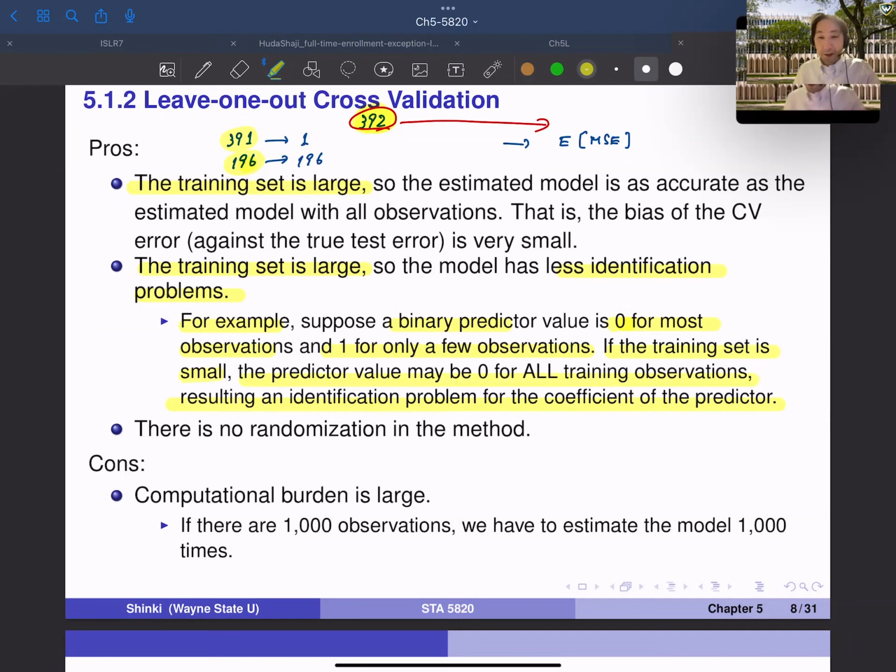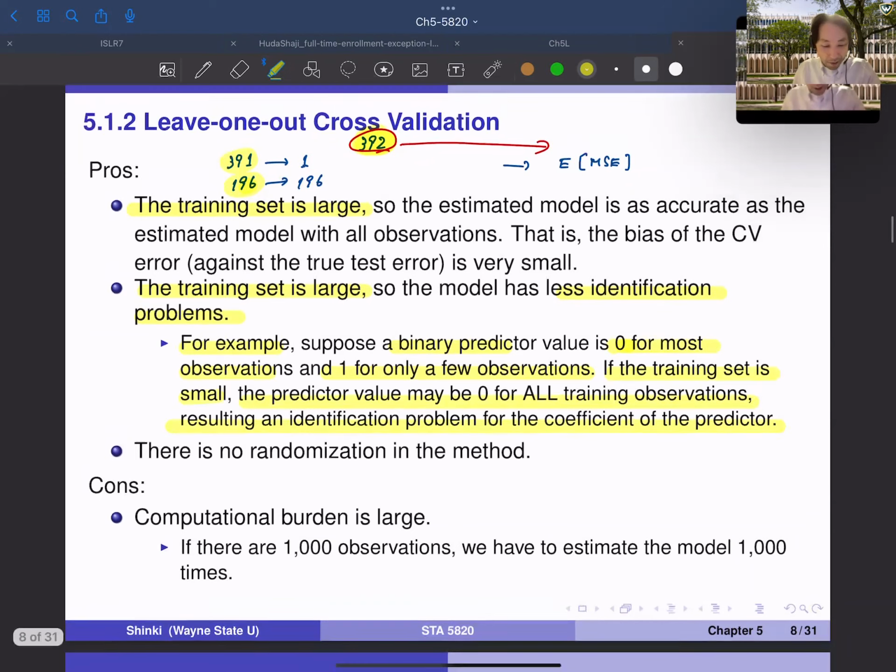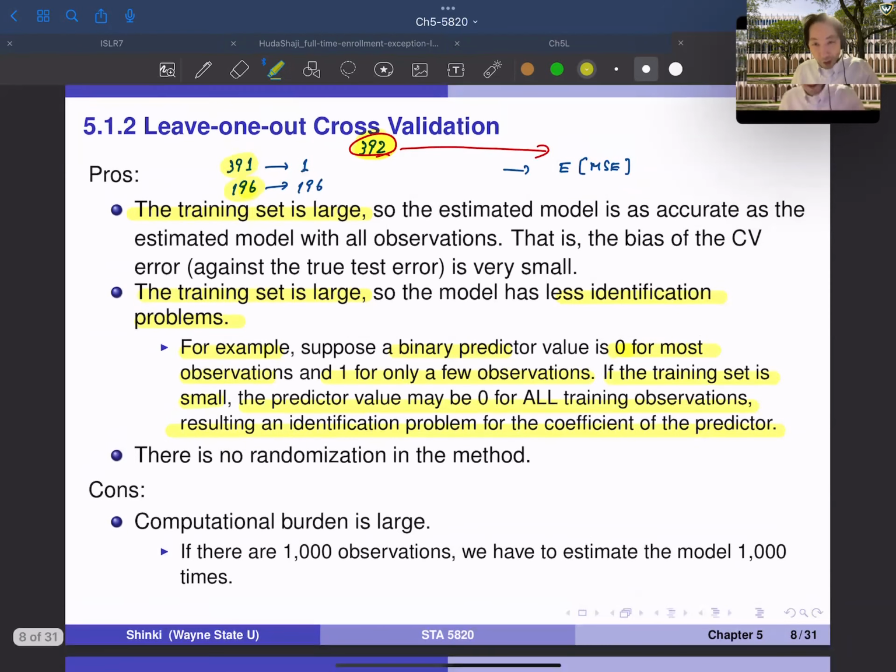Suppose, for example, this is the car fuel efficiency data, and suppose we only have two hybrid cars. Maybe that is too small, but suppose two hybrid cars. Then we also want to estimate how hybrid cars perform compared to traditional combustion engines.